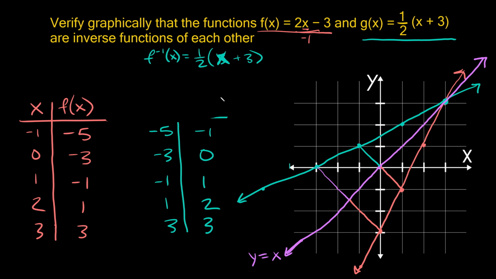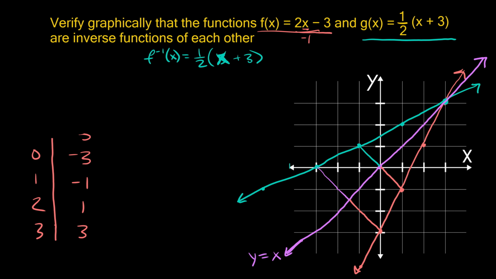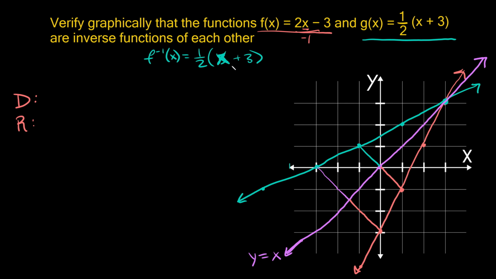Okay, great. So now that we graphed these, the last thing that we need to do is find the domain and range. And the way that you find the domain and range is by finding the domain and range of each function individually, all right? So first of all, if we want to find the domain and the range of our first function f of x, again, that's just going to be this linear function right here.